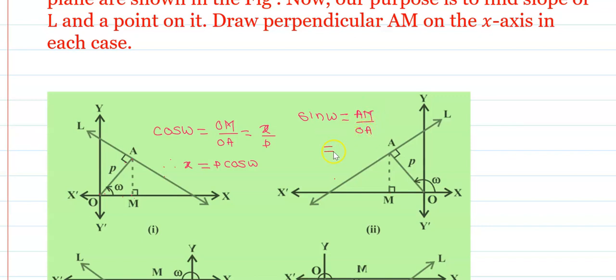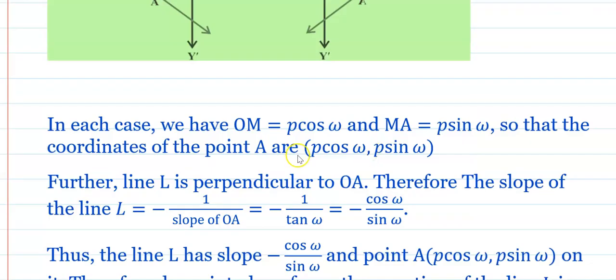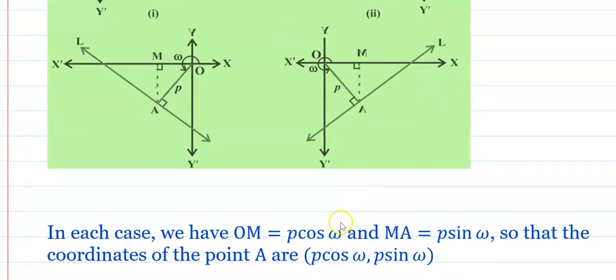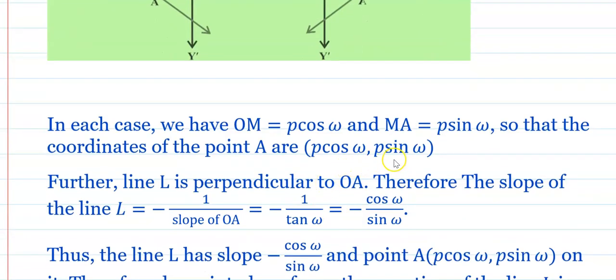AM is the y distance and OA is p. Therefore y is equal to p sine omega.